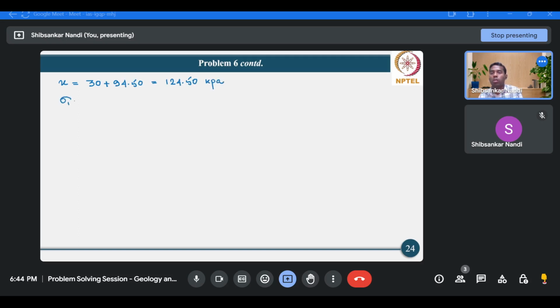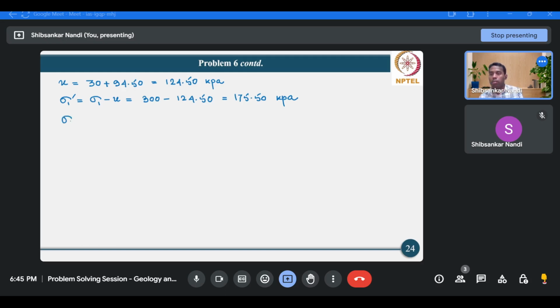Now sigma 1 prime is sigma 1 minus u, that is 300 minus 124.50, which is 175.50 kPa.